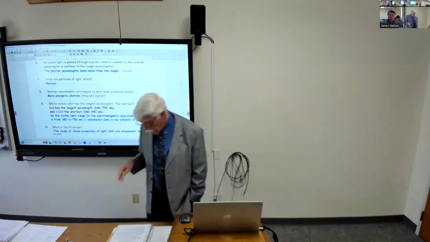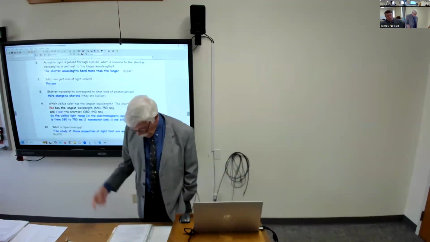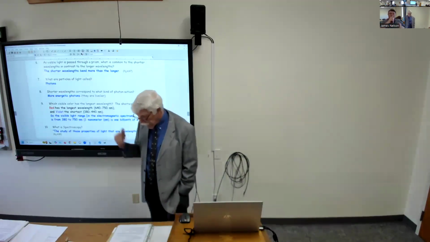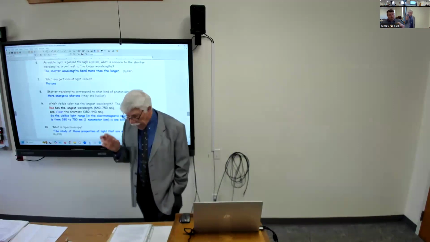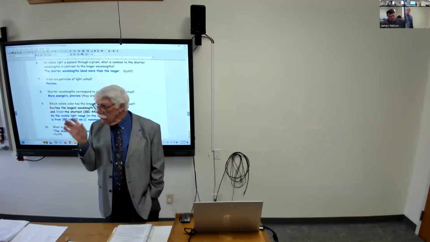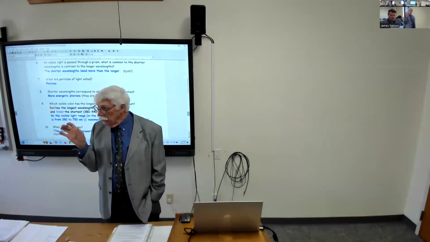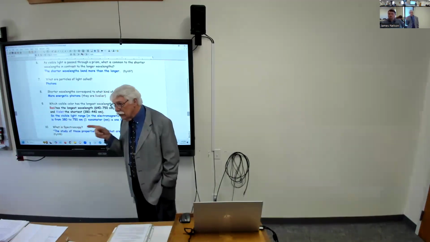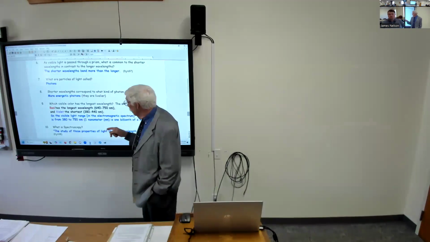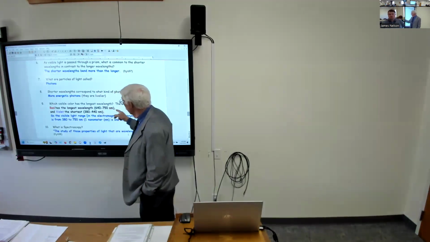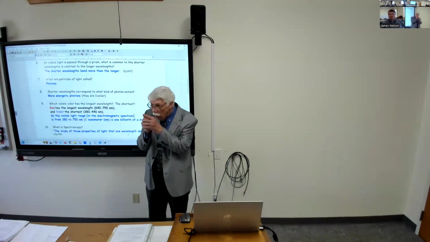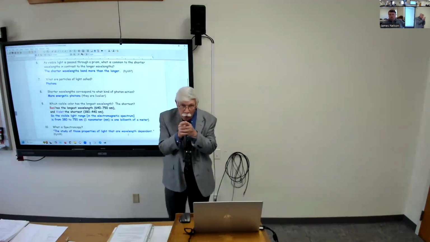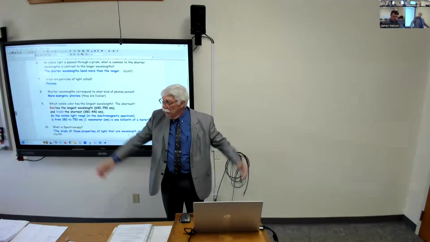Now, the James Webb telescope, I showed that last time, covers the infrared range. So it covers a range that you and I can't see, but it can pick out a very small wavelength and look at that wavelength, and then pick out another small wavelength.